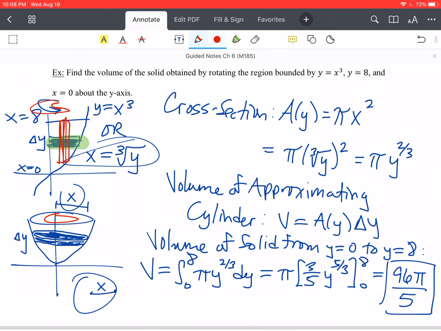The reason we shift our orientation and work it horizontally is because it gives us something circular when we rotate it around, and we know the area for the circle is pi r squared. So again, we're just trying to make it easier on ourselves, and switching over to y does that for us.